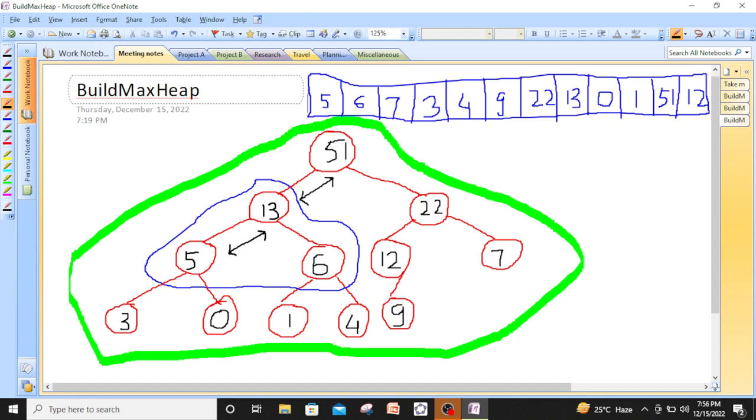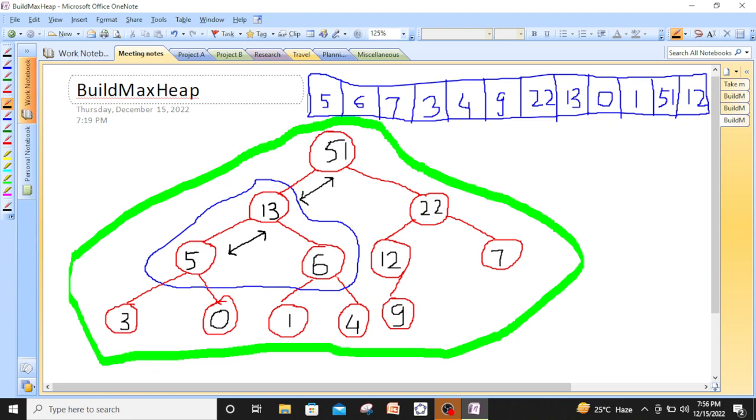So this time as well the direction of interchange is towards the left. So in the left side you see the node 5. So next time I have to take 5 with its children, that is 3, 0.